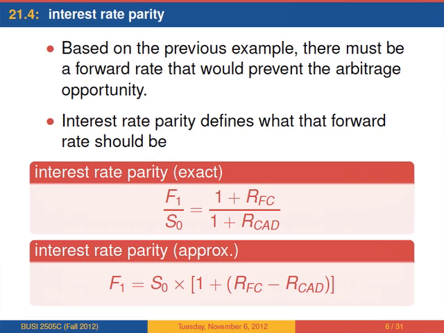So say the interest rate in the foreign currency is twice what it is in Canada, say it's 20% in the foreign country and 10% in Canada, then the forward rate should be twice the spot rate, and so on. That's the exact relationship. Then you can rewrite a first order approximation this way. This is called the exact equation, and if you look, the two are not very different.